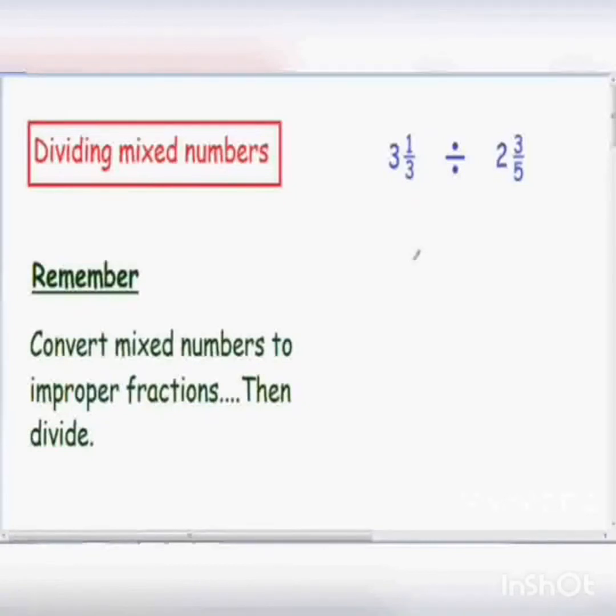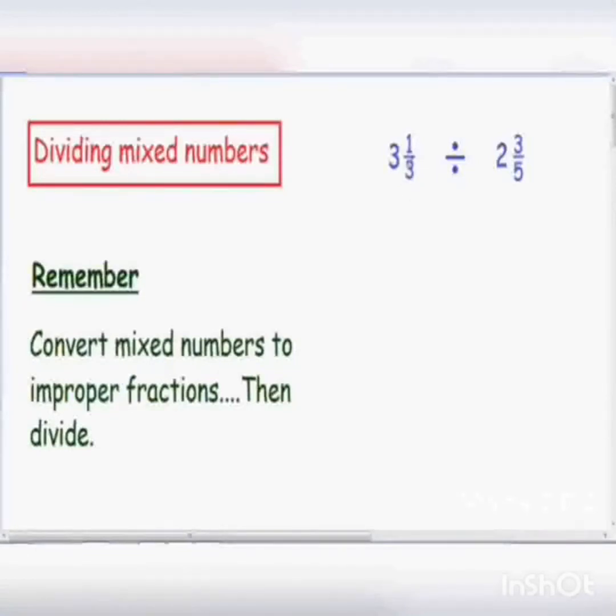Now let's finally look at division of fractions. Now we are looking at division of mixed numbers. Recall that we must first of all change mixed fraction to improper fraction. Then we can divide.